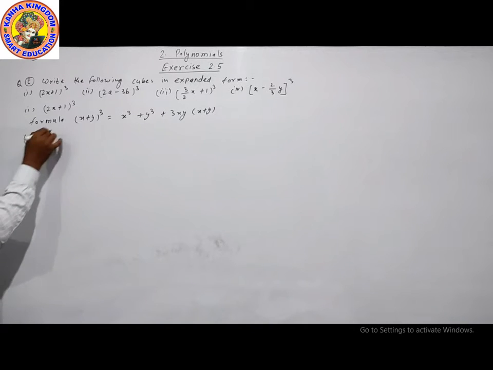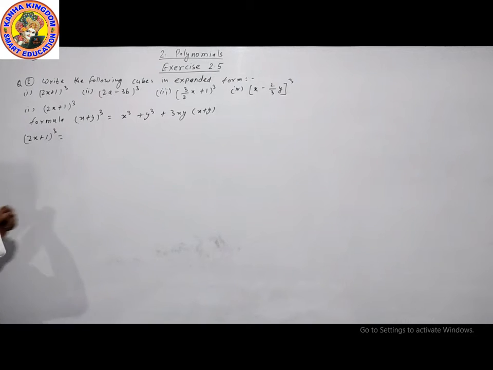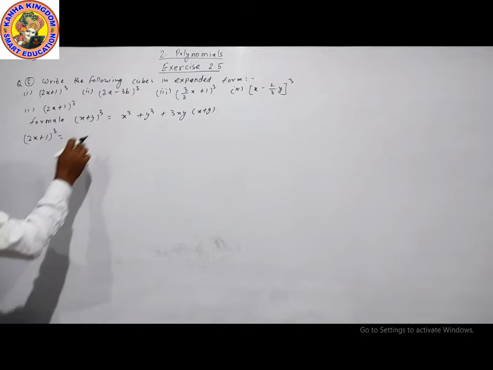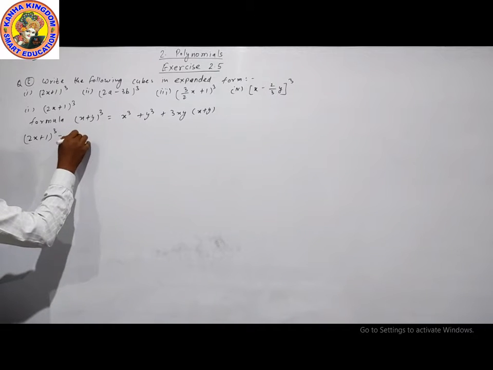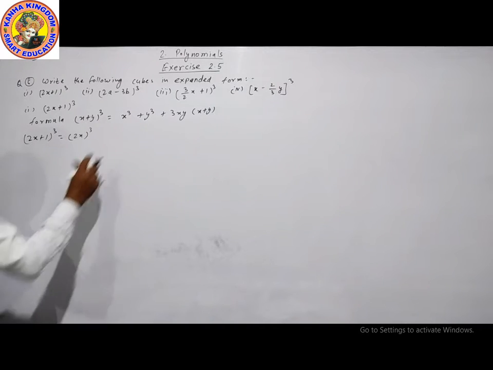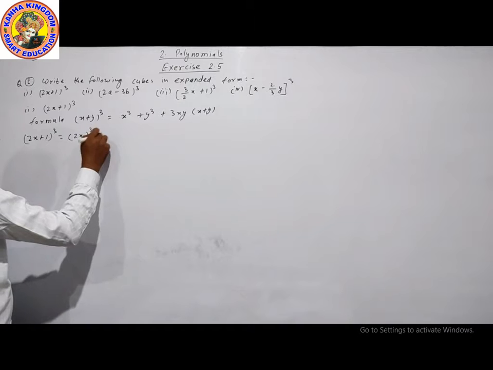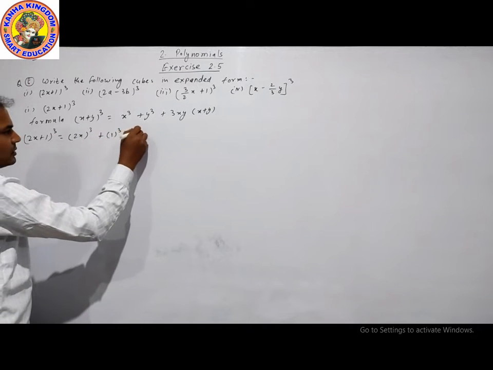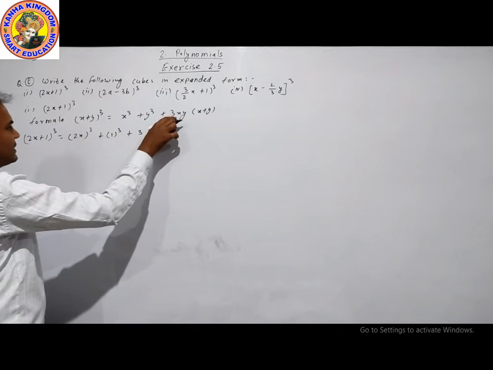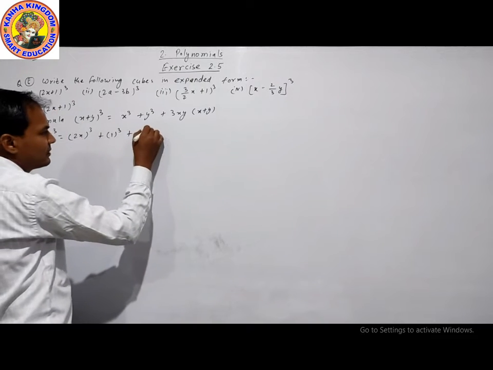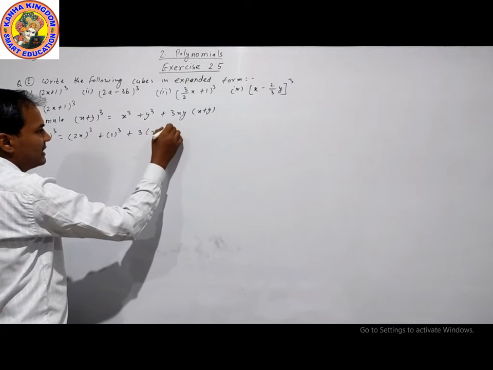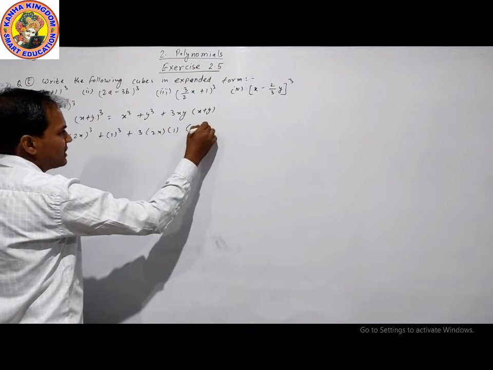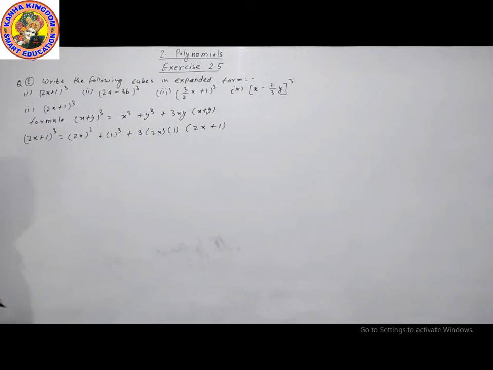(2x plus 1) cube: here x is 2x and y is 1. So (2x) cube plus 1 cube plus 3 times 2x times 1 times (2x plus 1).